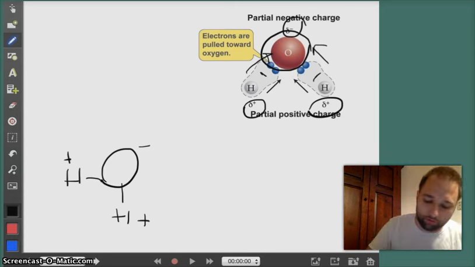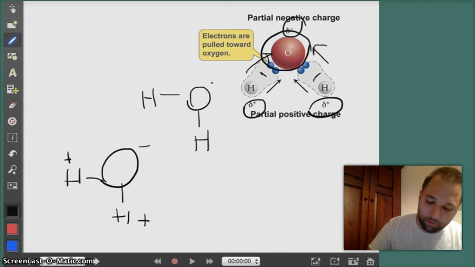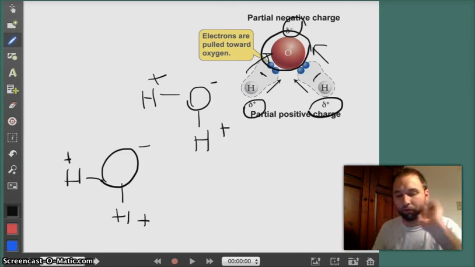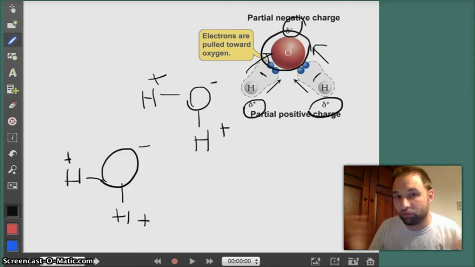So what happens is, if I have another water molecule up here, what do we know about opposites? What have we learned so far? Opposites do what? They attract, right?